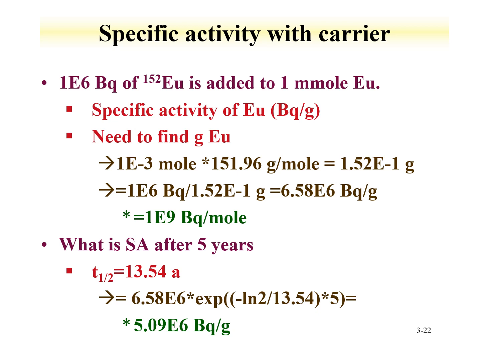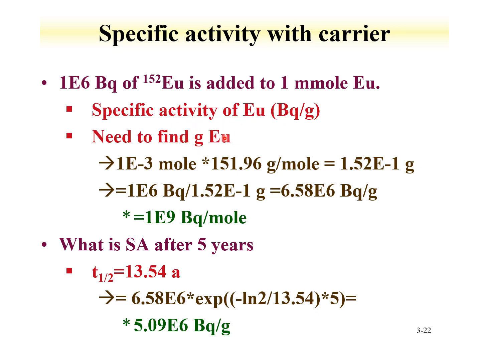What I could do is take some stable europium and spike it with some radioactive europium. If I took a millimole of europium and added 1,000,000 becquerels of europium-152, I could count the europium-152 and know how much total europium is present. So I could get the specific activity of the europium in becquerels per gram.